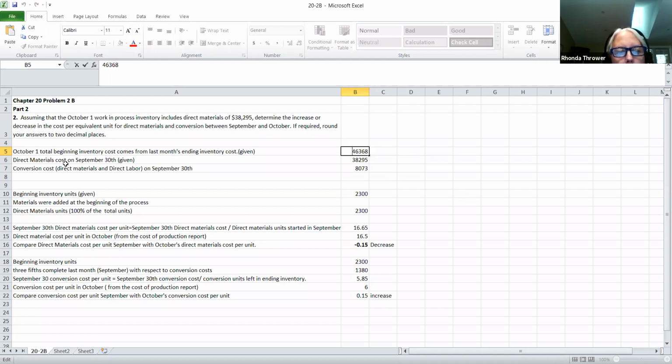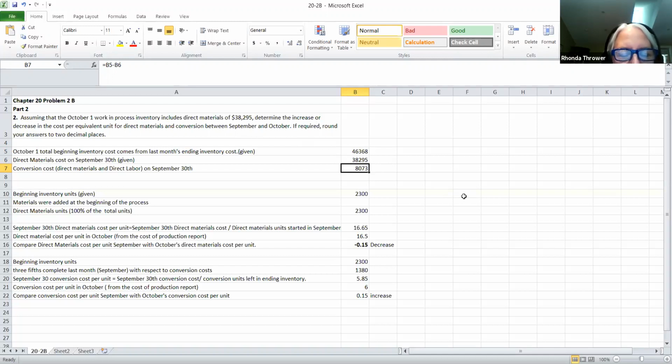The direct materials cost on September 30th, they told us was $38,295. This too was given. So if you know what your direct materials cost was, and you know what your total cost of your beginning inventory is, the difference between these is your conversion cost. Remember, conversion was your direct labor and your factory overhead.